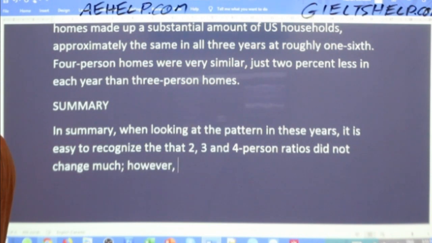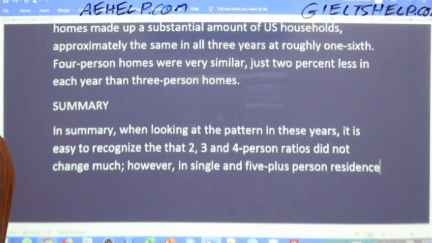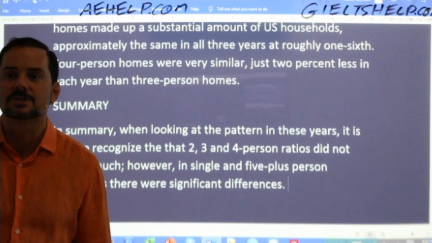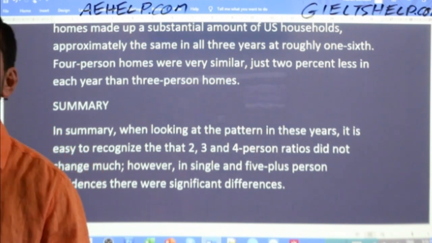However, in single and 5+ person residences, there were significant differences. Right? That's what we've noticed. Okay? Hopefully, we've learned that.